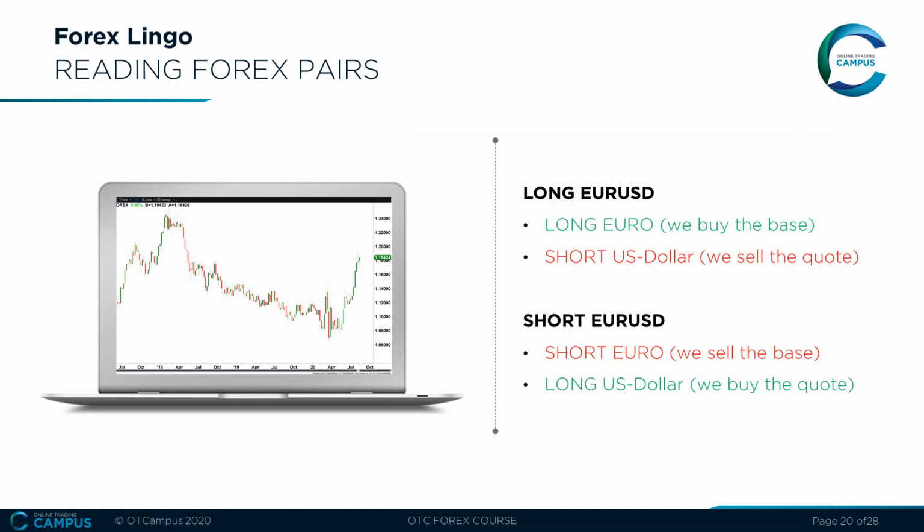Therefore, when we go long on the euro US dollar, what we are really saying is go long the euro and go short the US dollar. And when we say go short on the euro US dollar, we are really saying go short the euro and go long the US dollar. This is some fundamental understanding on charts, which is going to be more relevant later on once we talk about cross pairs and correlations between different currencies.